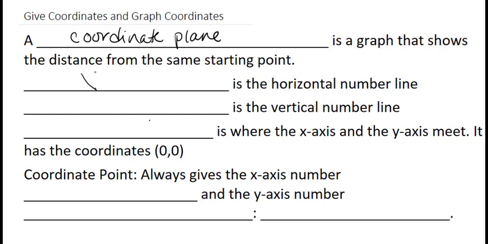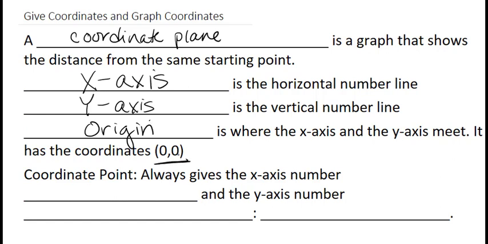The x-axis is the horizontal number line. The y-axis is the vertical number line. And the origin is where the x-axis and the y-axis meet. It has the coordinates 0, 0.